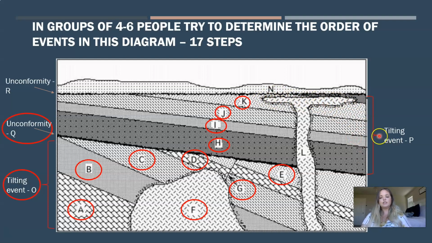So I would imagine that the tilting event came before L. So we'd have our tilting event P, and then we would see L, and then we have our last unconformity here, and then the last layer is that one there on top, N. Okay, so hopefully that one was okay. We are going to move on and do a couple more.